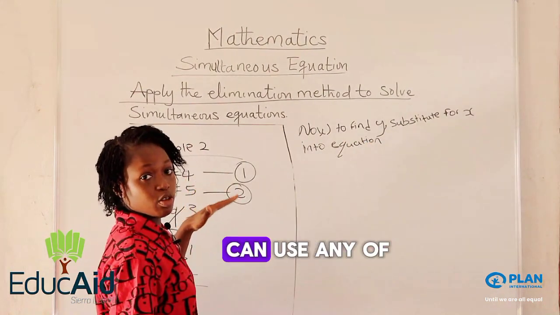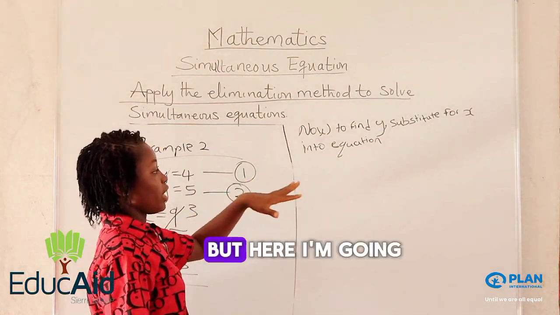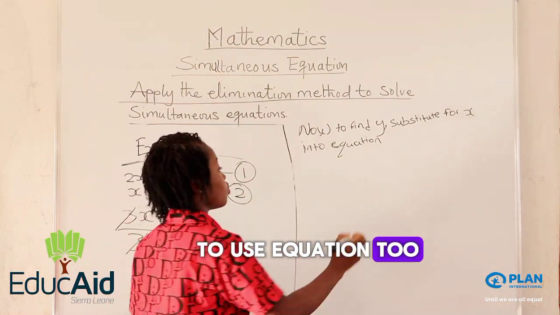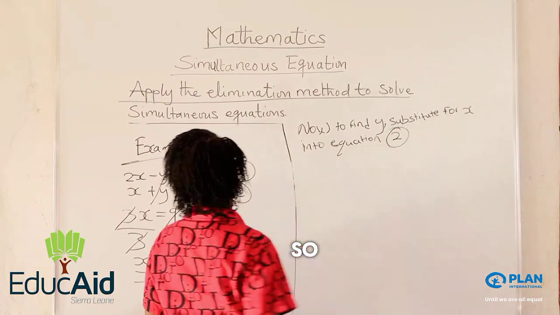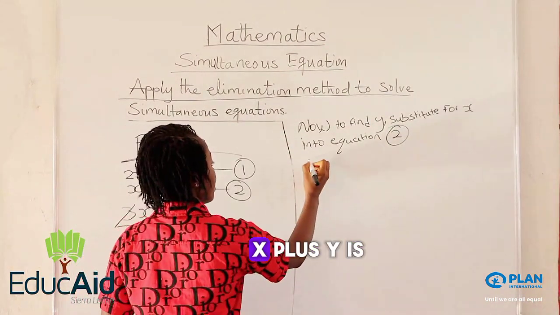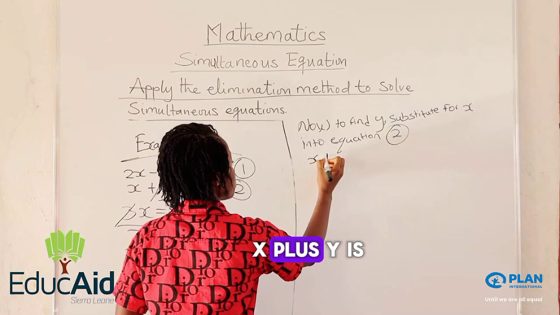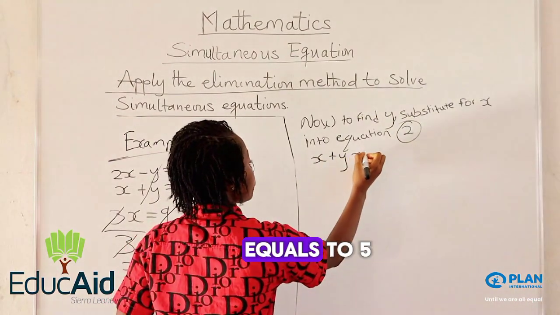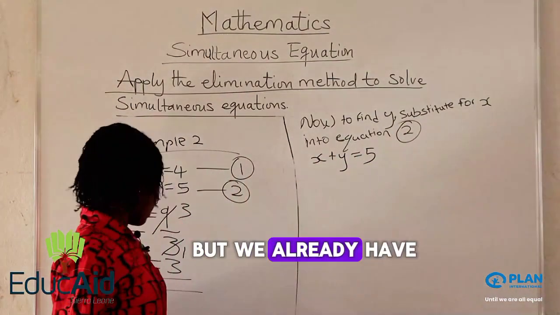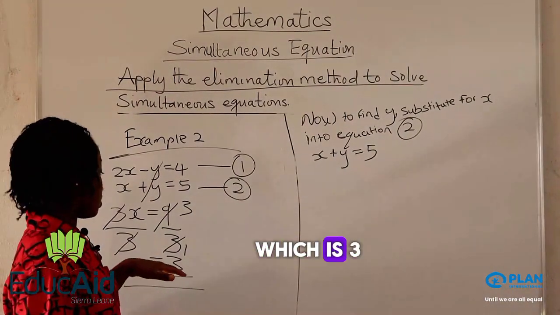In this case, you can use any of the equations, but here I'm going to use equation 2. So equation 2 states that x plus y is equal to 5. But we already have the value of x, which is 3.